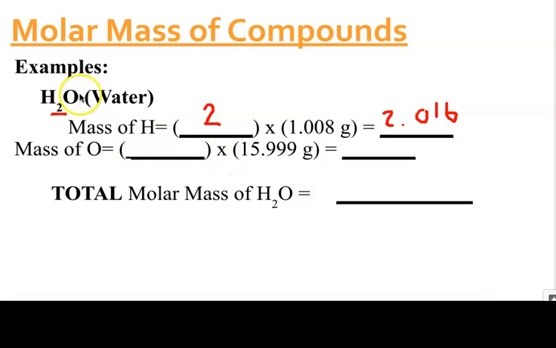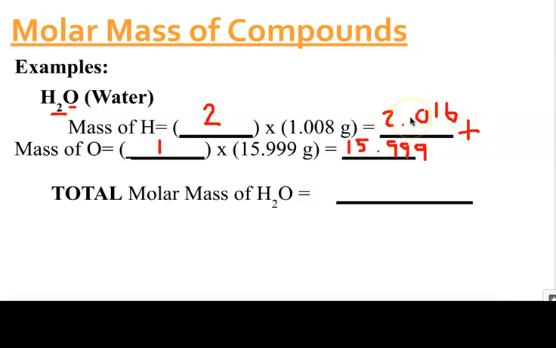and then I'm going to do the same thing with the O. Here there's only 1. 1 times 15.999, so that is equal to 15.999. And then how am I going to get the total? I'm just going to add these 2 together.